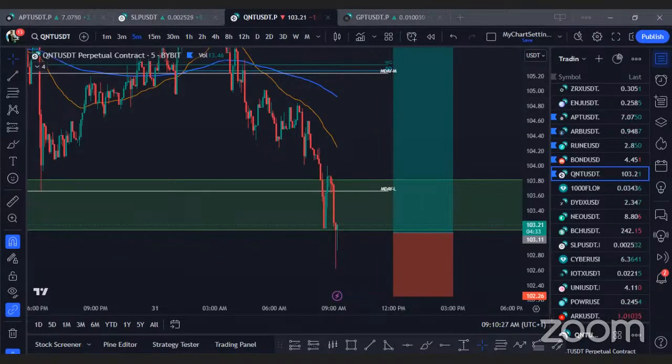BTC is not actually stable this morning, and that is giving all these other tokens headache.